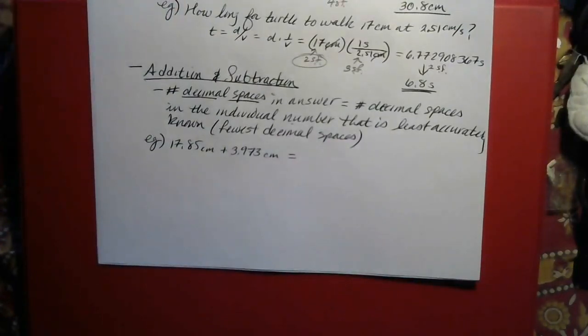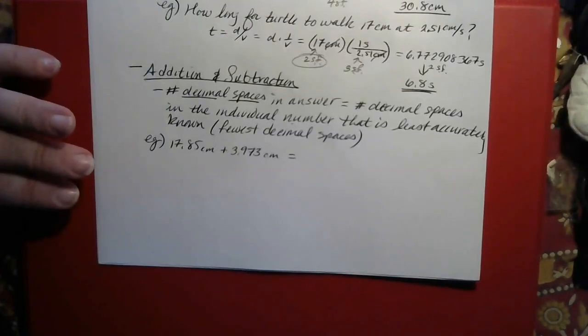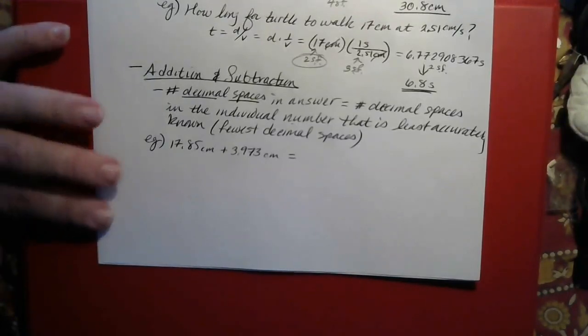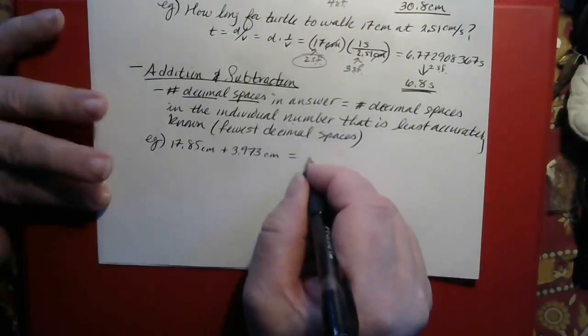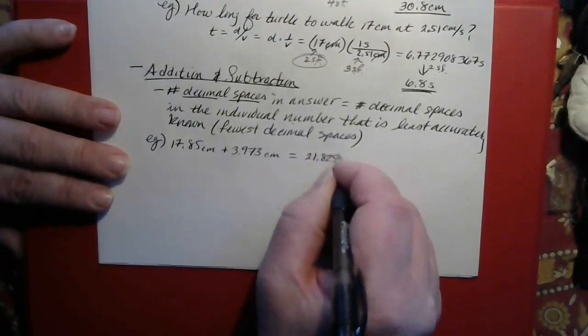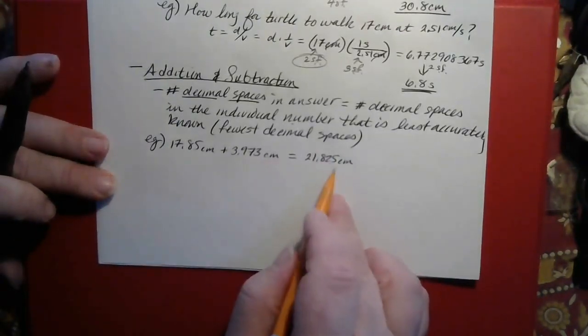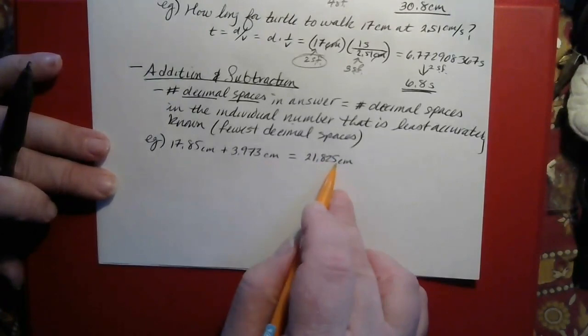Okay, so for example, if you take 17.85 centimeters and 3.973 centimeters, your calculator will tell you that the sum is 21.825 centimeters. The problem is that you don't actually know this number that accurately.